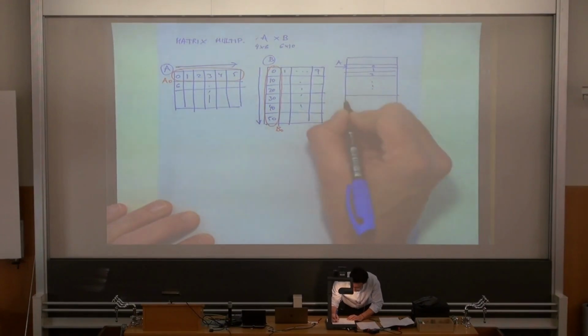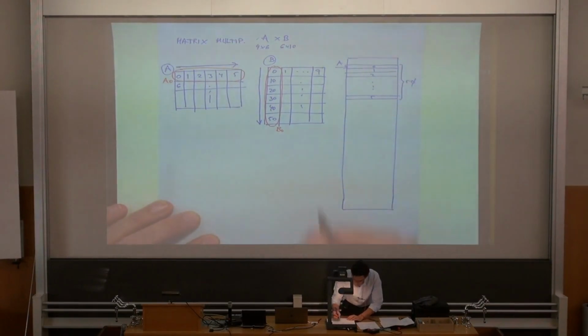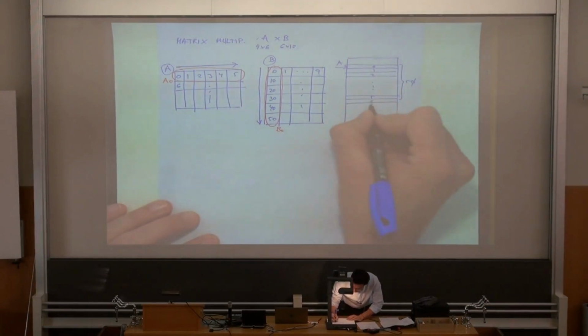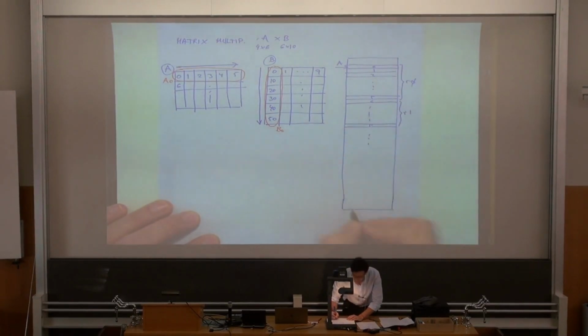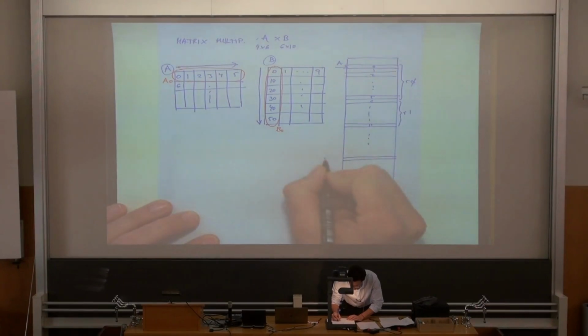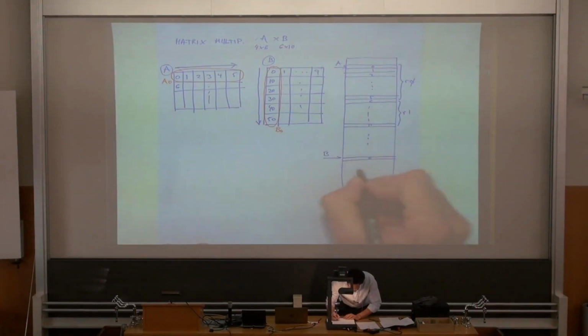And here we have element 5. So this is row 0 of matrix A, element 6, until 11. So this is row 1 of matrix A, and so on. And at some point in memory, we will find matrix B. This is element 0.